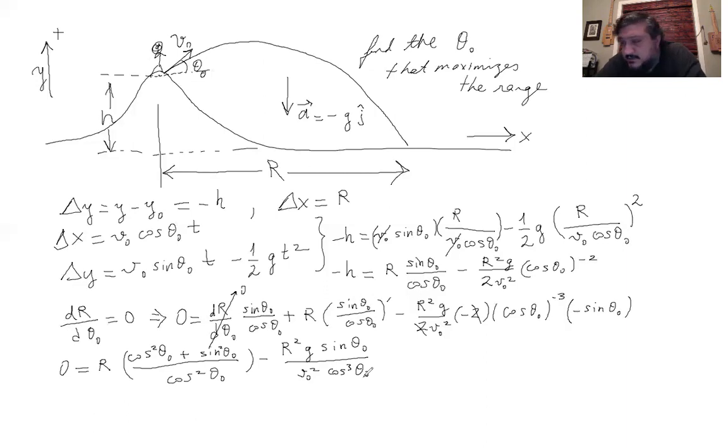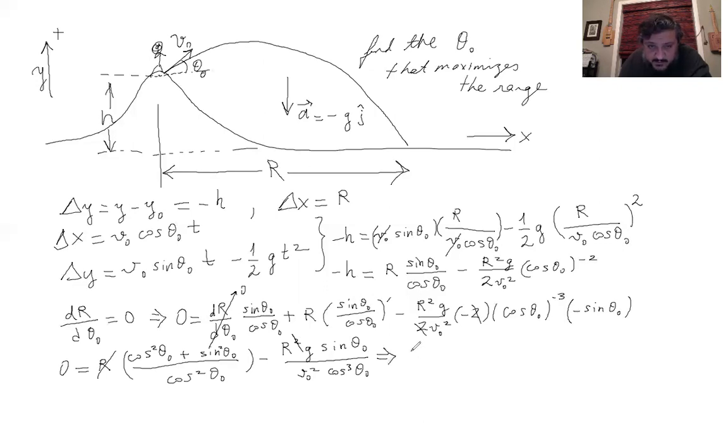That's equal to 0. So why don't I get rid of one of the r's here? This cancels the r over there. And I could do the same thing about the cosine squared in the denominator, right?